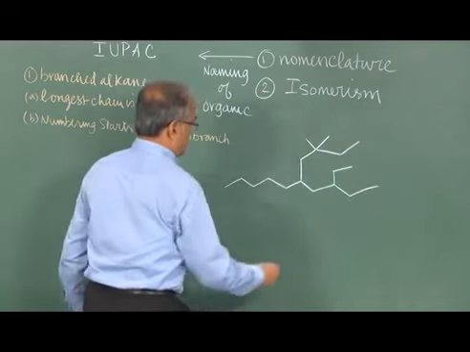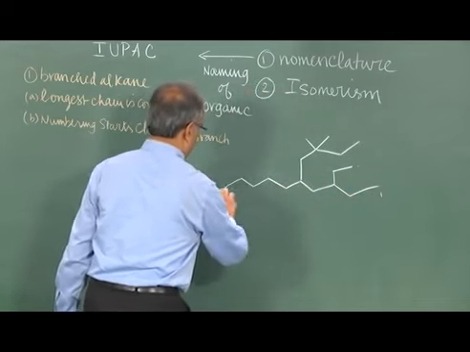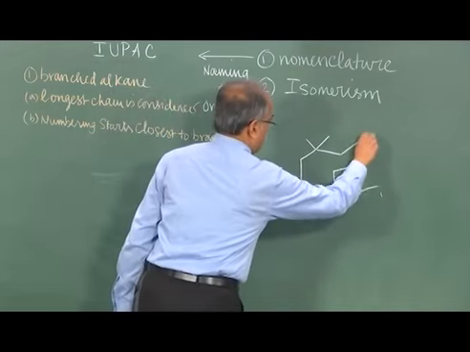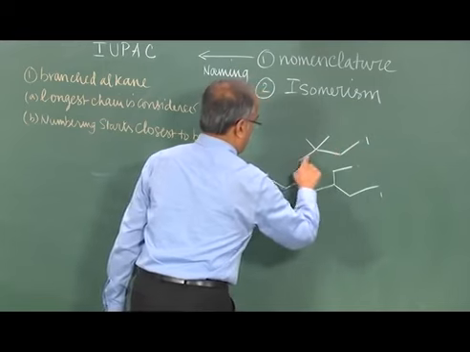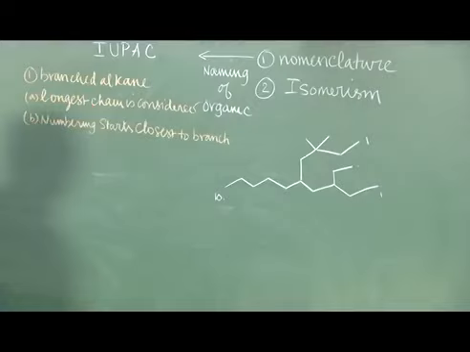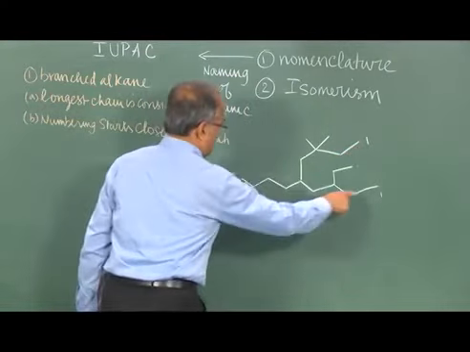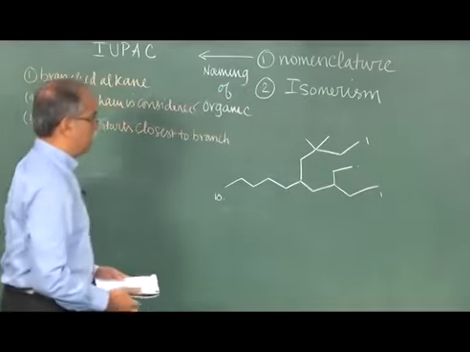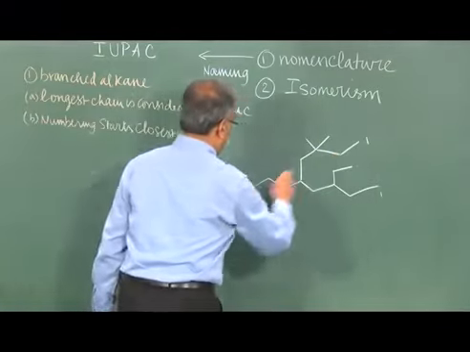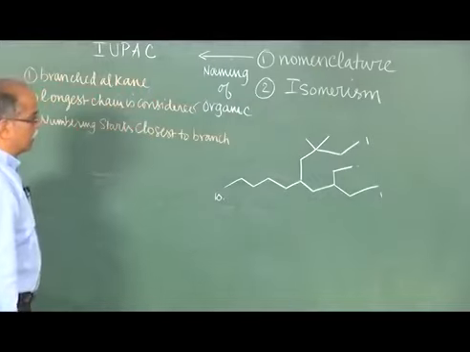This would be 1, 2, 3, 4, 5, 6, 7, 8, 9, 10. If you start numbering from here, this also would be 10. So, now you have a problem of whether to start the carbon chain numbering from here or from here. These are equal length, carbon 1 to carbon 10 here, carbon 1 to carbon 10 here.